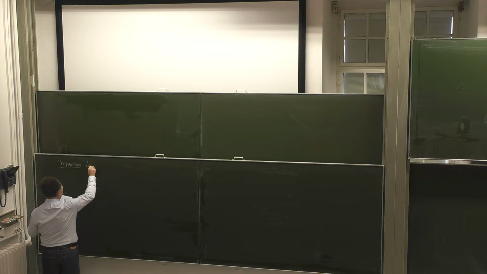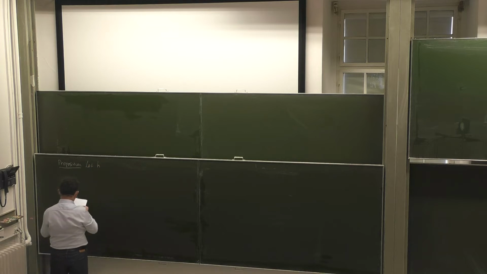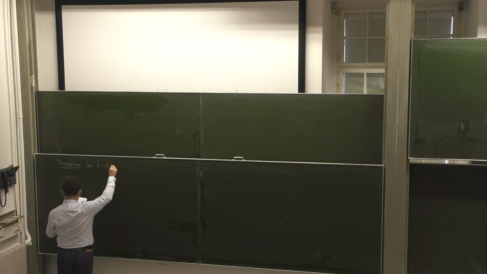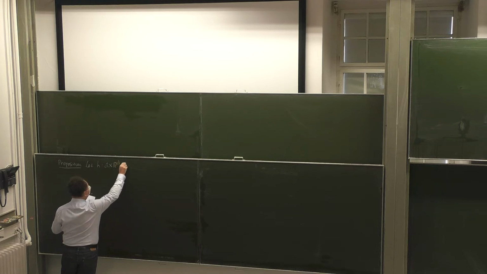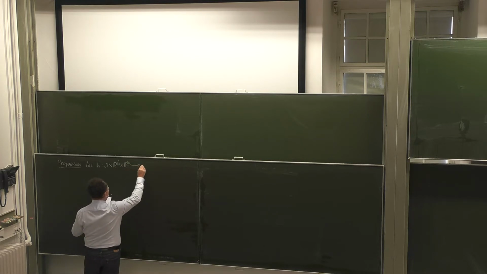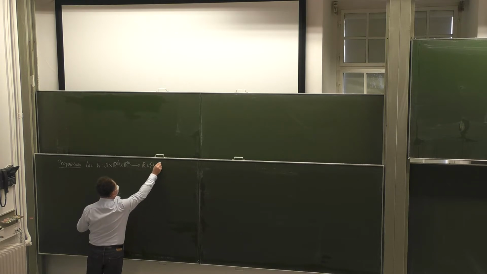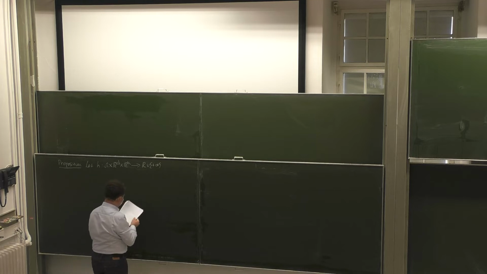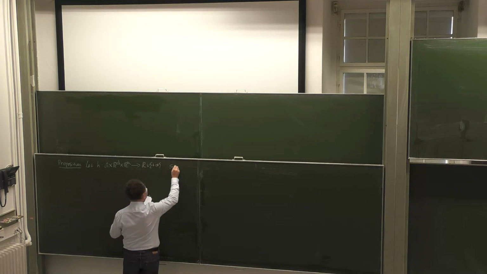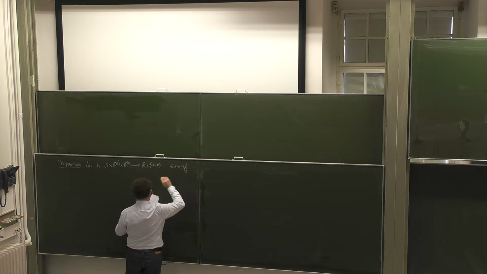Let H, which goes from omega times Rd, or Rd times Rm, to R maybe plus infinity, satisfy the following.